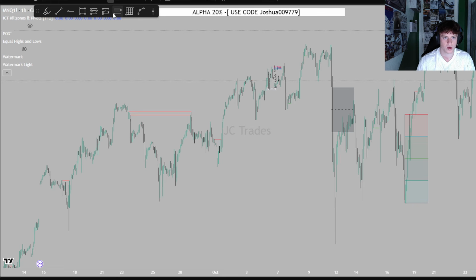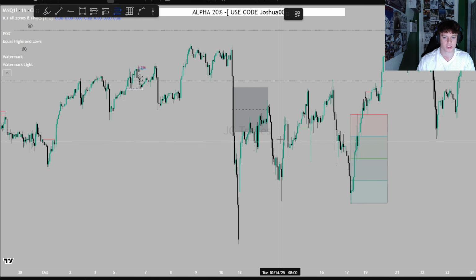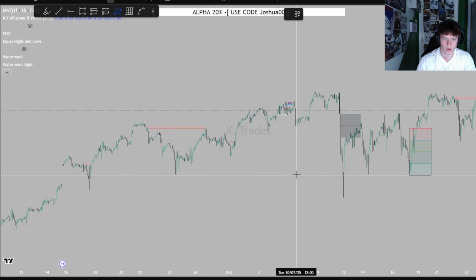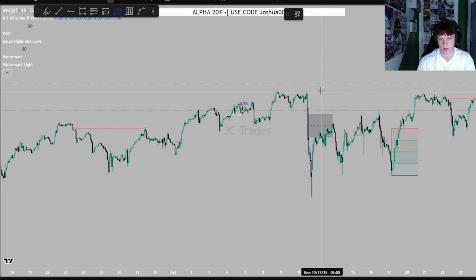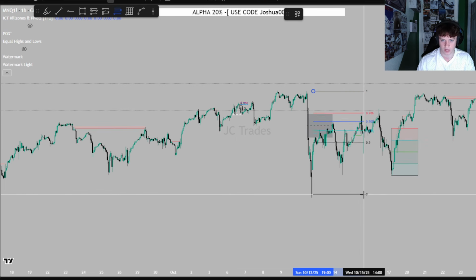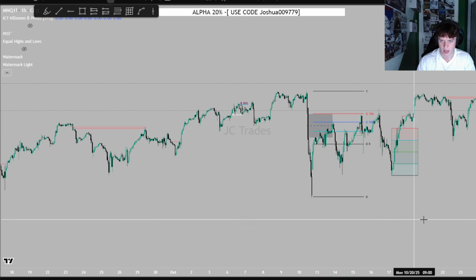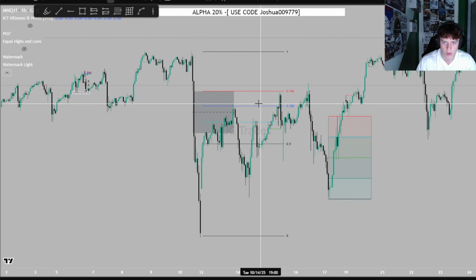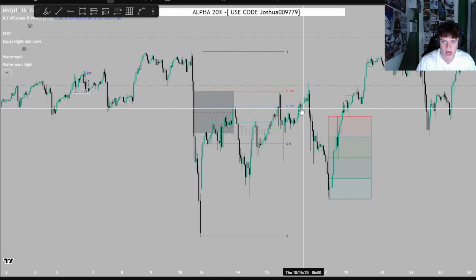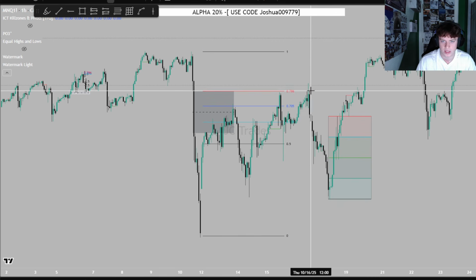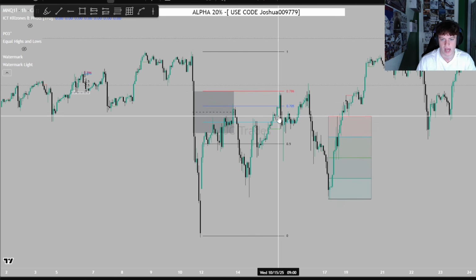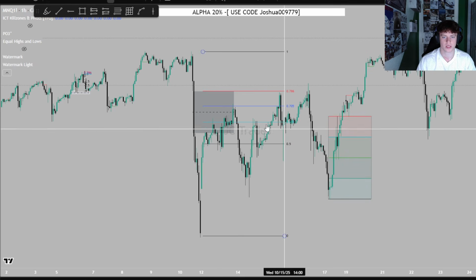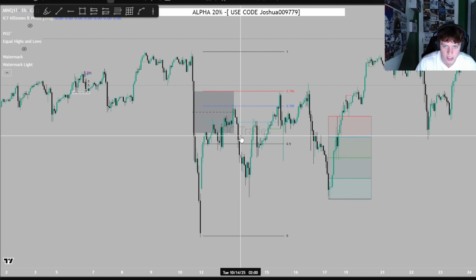Now, we can also use the fib to measure out ranges as well. So if we want to see a reaction down off this range, we're going to measure this range out, and 0.705 and 0.786 are the most reactive levels. As you can see, we get a perfect reaction right here.